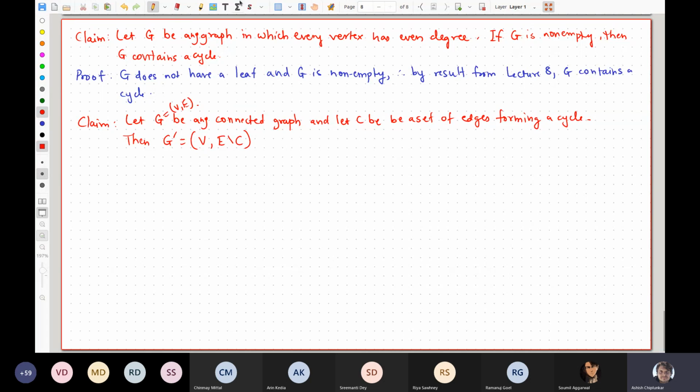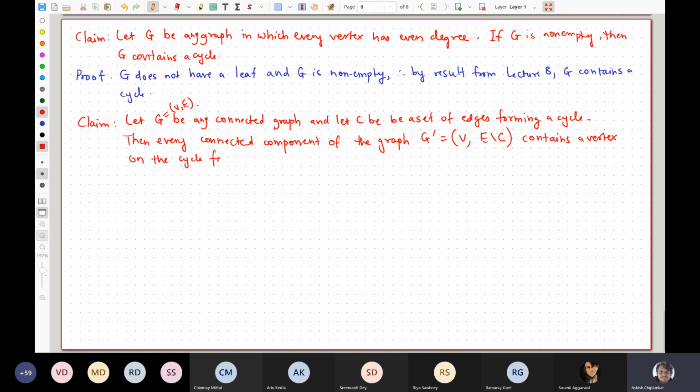Then every connected component of the graph G prime contains a vertex on the cycle formed by C.